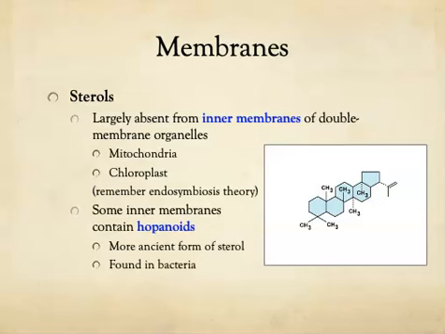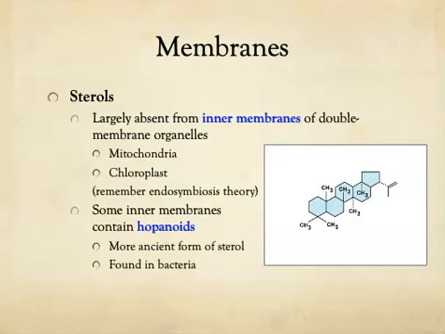So once it became engulfed and became the inner membrane of the mitochondria, the thylakoid membrane of the chloroplast, it didn't have sterol inside of it. And that is still true today in modern time.